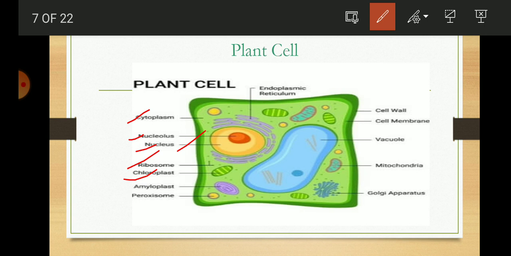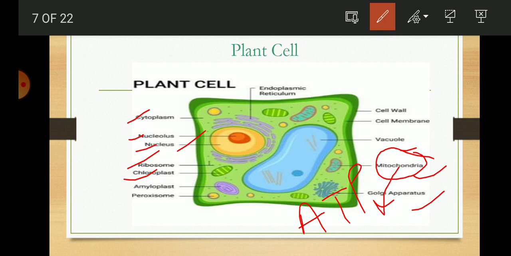And then we have peroxisomes, and the Golgi apparatus, which also helps in the formation of protein. Then we have mitochondria. Mitochondria is very important because it gives you energy by forming ATP, adenosine triphosphate. You will study it in higher classes; in this class you will just remember that mitochondria is the powerhouse of the cell.